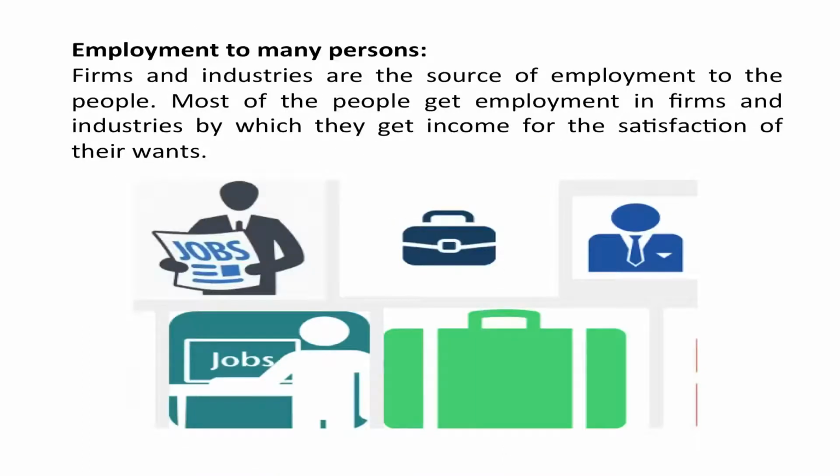Firms and industries also provide employment to many persons. They are the source of employment to people. Most of the people get employment in firms and industries by which they get income for the satisfaction of their wants. We cannot live without employment. So, the importance of firms and industries can easily be understood.